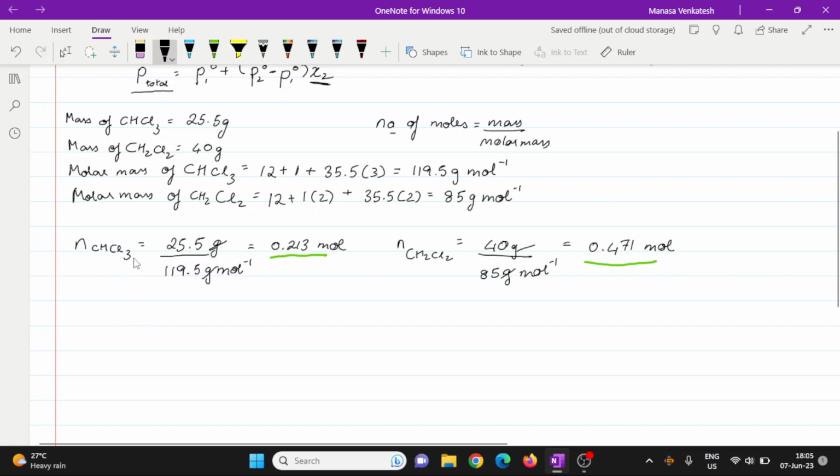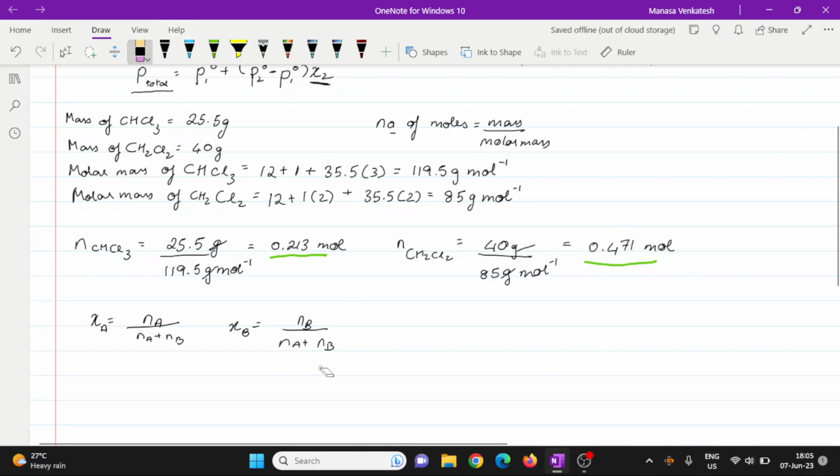So the mole fraction formula is X of A equal to Na divided by Na plus Nb. And Xb will be equal to, and we are assuming this is for a solution that contains two components, Nb divided by Na plus Nb.